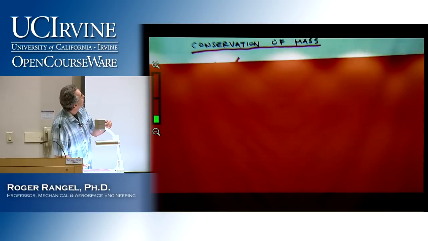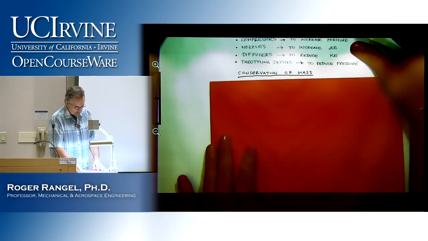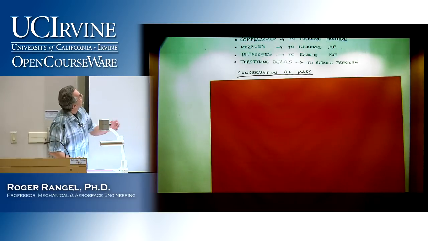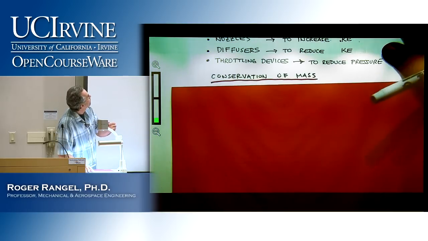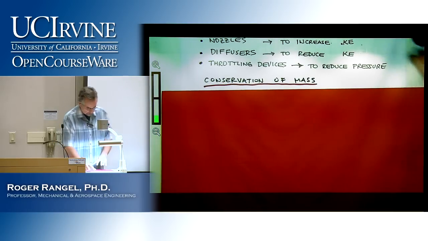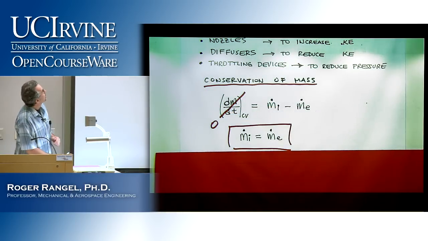Let me go back to this figure where I have my list. The first thing that you should always examine is the equation of conservation of mass. And that's, of course, a fairly simple equation from what we saw last time.